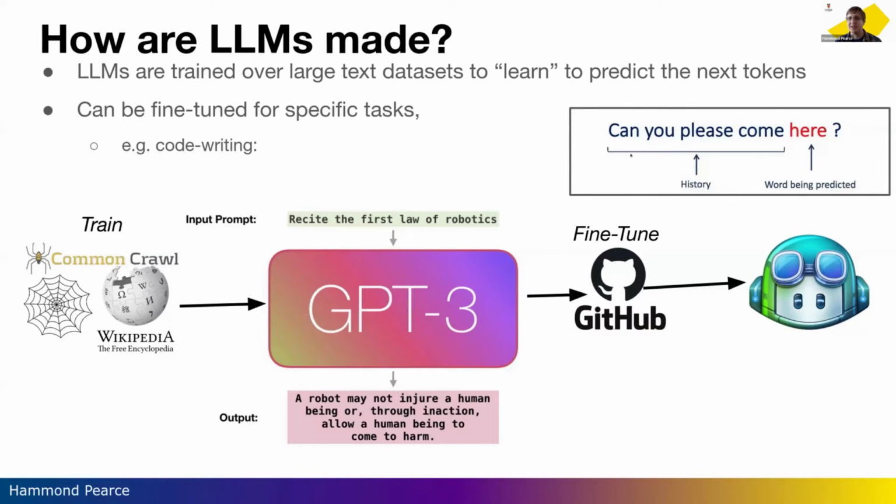So this is a nice example here. If you have got some input to a language model and you say, can you please come blank, you can ask that language model what's a reasonable word to come next. And that word that comes next could be something like over, or it could be cut here, or it could be out. And to answer that question of what word comes next, these models are just trained over an enormous amount of normal text.